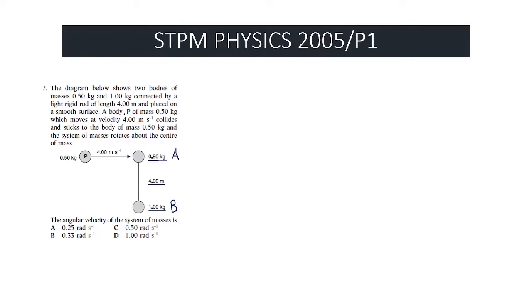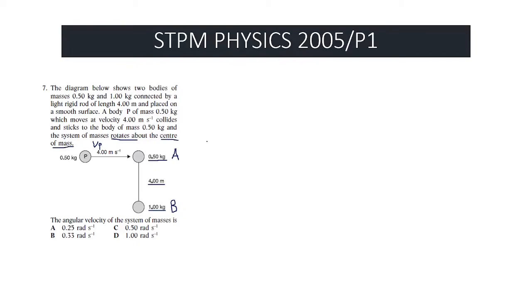The body P, of mass 0.5 kg, has a velocity of 4.0 meters per second. Let's label this Vp. It collides and sticks to the body of 0.5 kg, and the system of masses rotates about the center of mass.